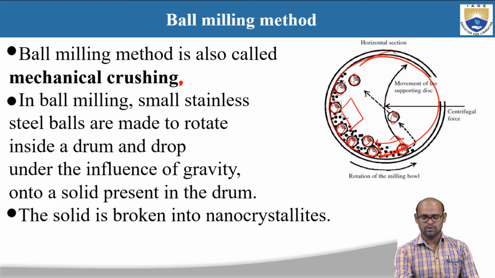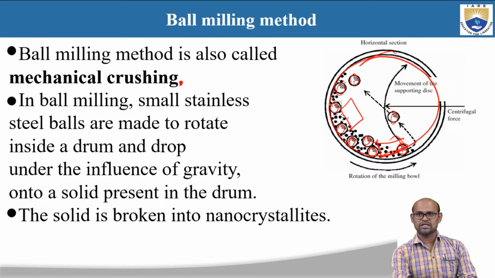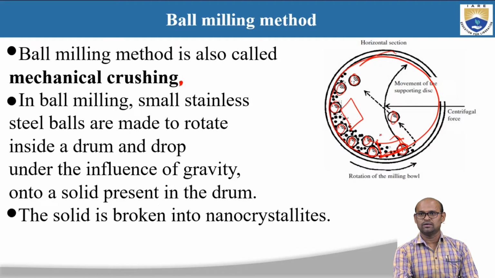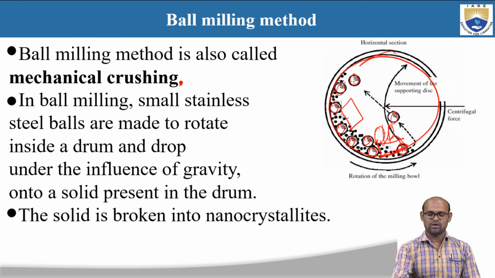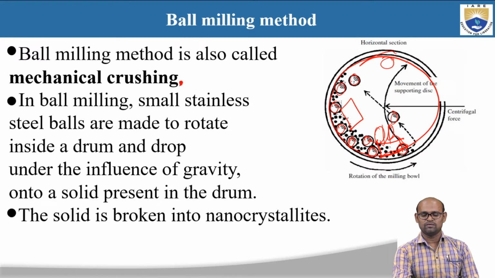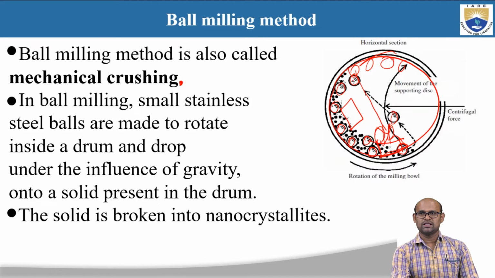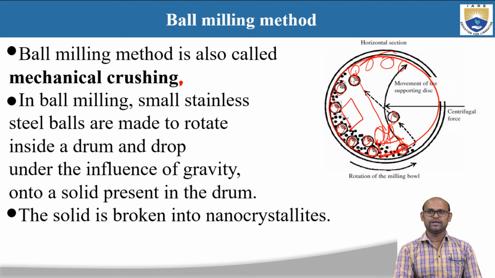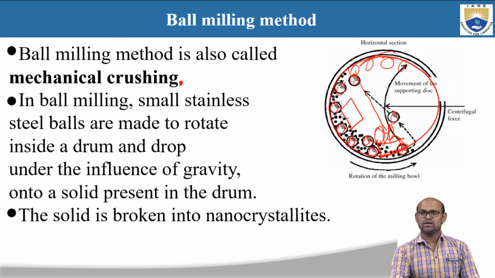The stainless steel balls will fall on this material because of gravity, and they will crush this material when they fall from here. When the drum is rotating, these balls will fall onto this material, crush it into powder, and as we keep rotating this drum, this powder will become smaller and smaller, nano size particles.